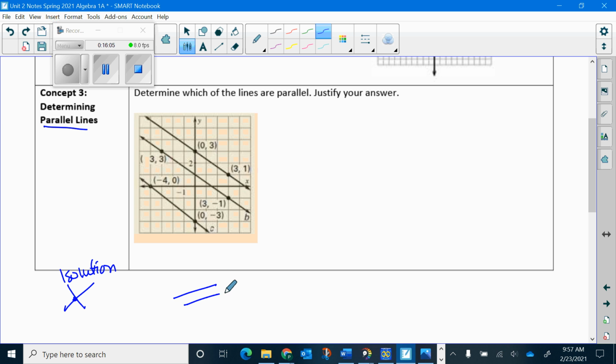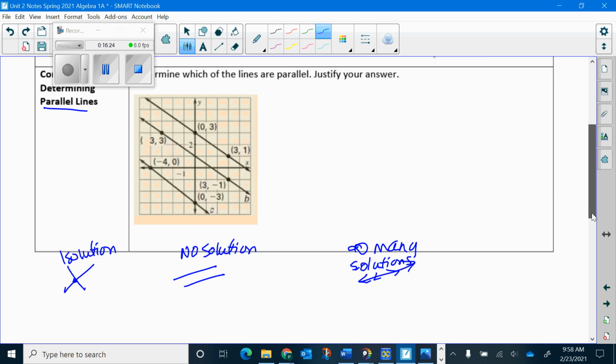When they're parallel, they never touch, so there's no solution. Or I could have two lines that actually overlap each other, and this would be the same line, so there are infinitely many solutions.